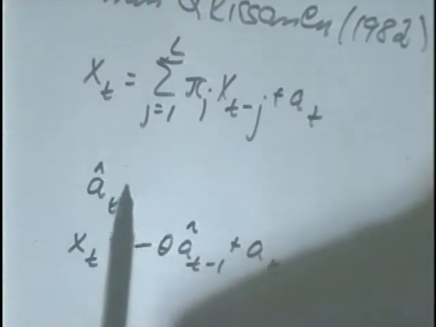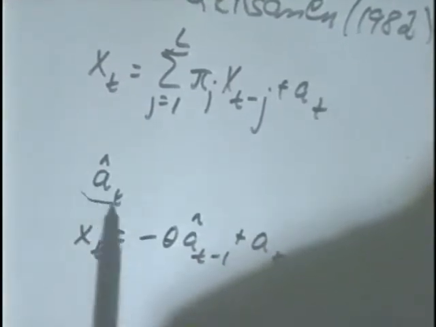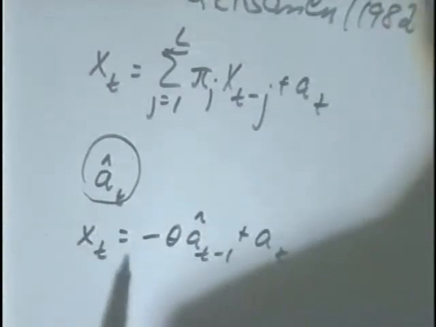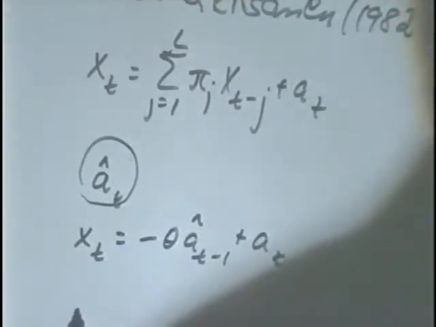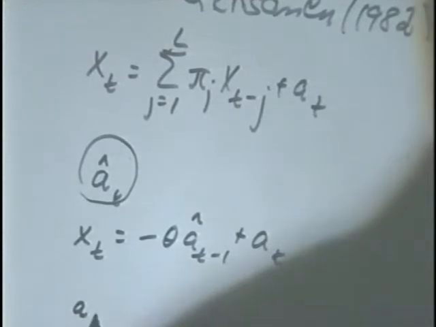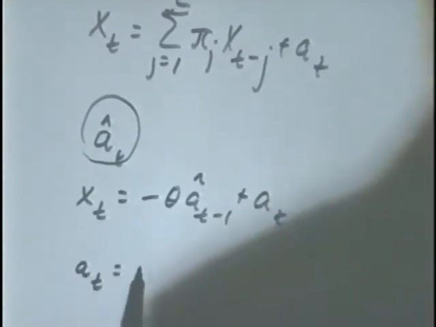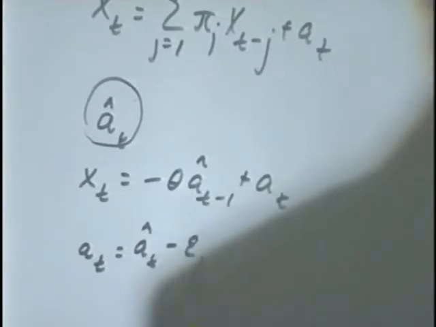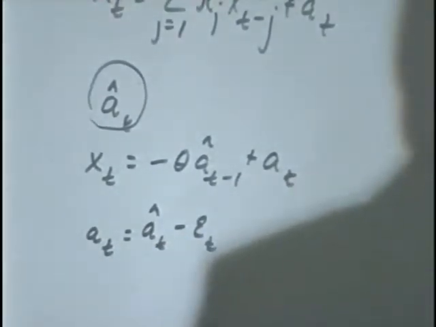Now, if we think about the least squares residuals, they are estimates of at. That is, in fact, the true innovation at is equal to at hat minus the error term, let's say epsilon t.